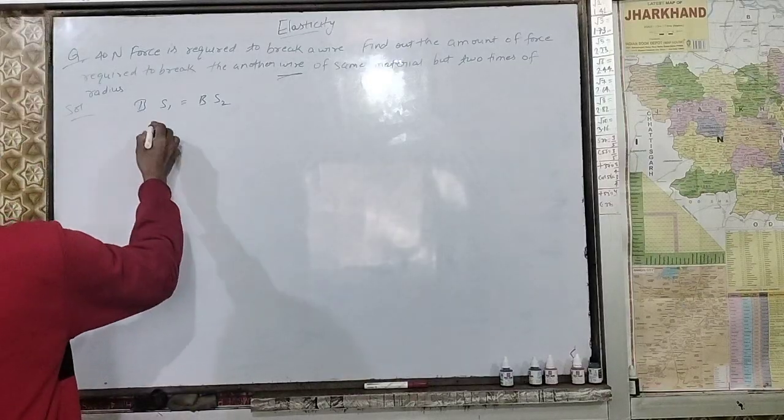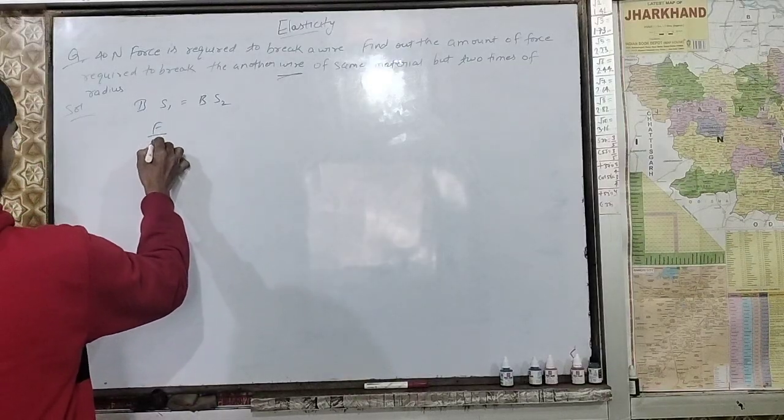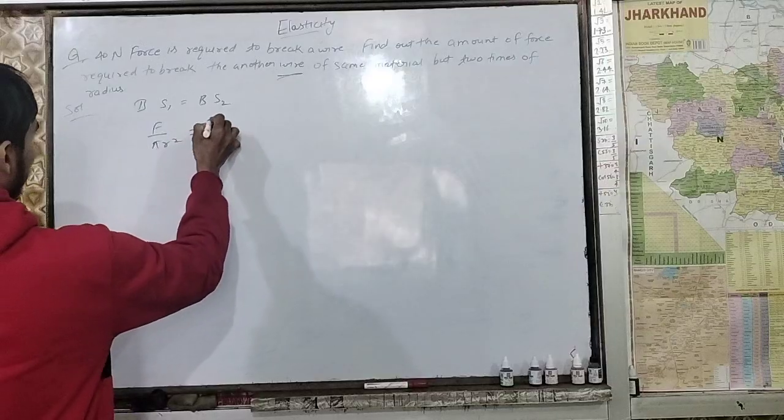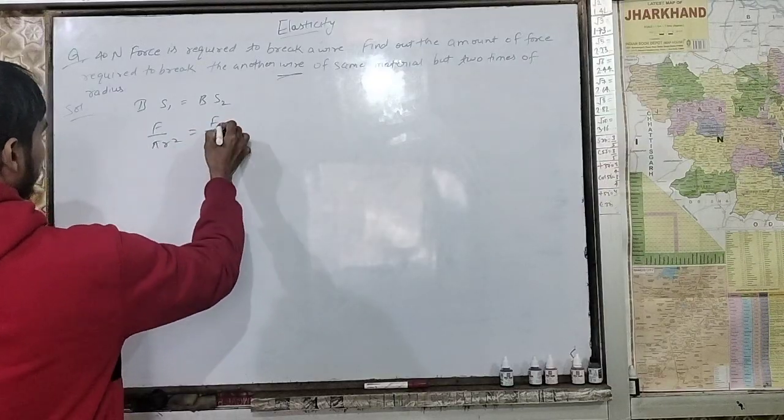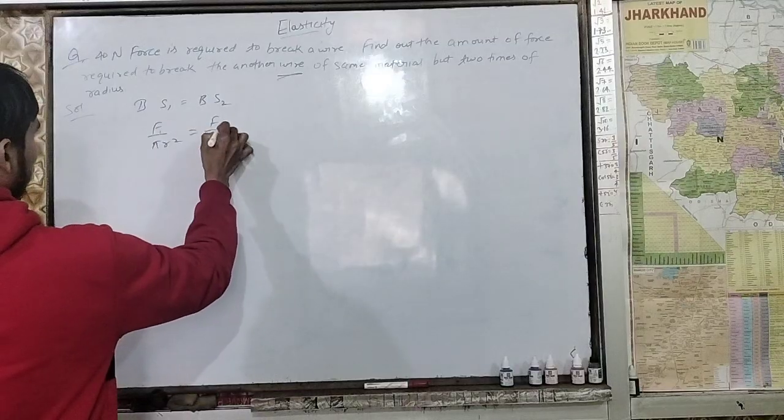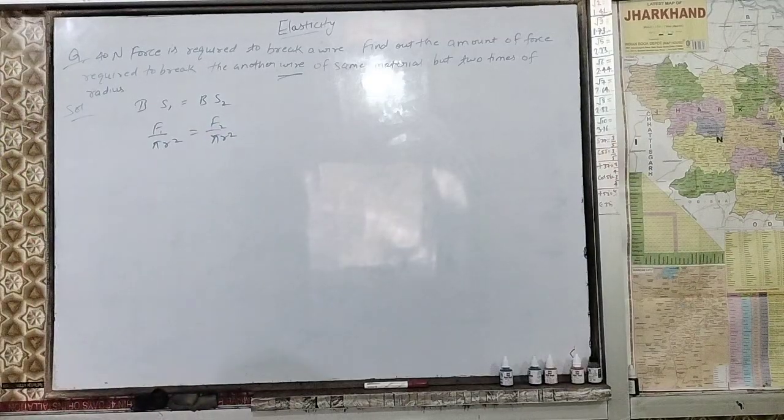So you can say F upon pi r square is equal to F upon pi r square. This is 1 and 2.